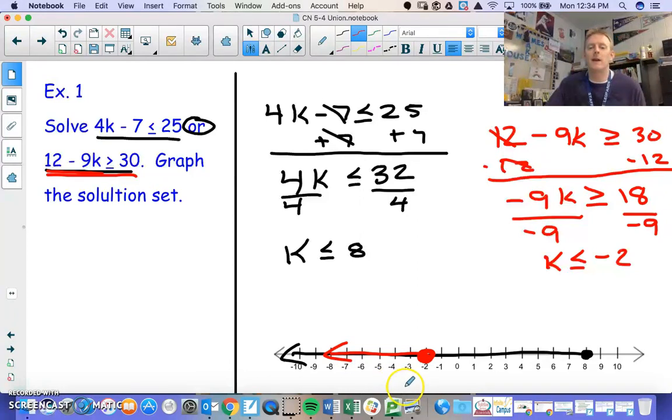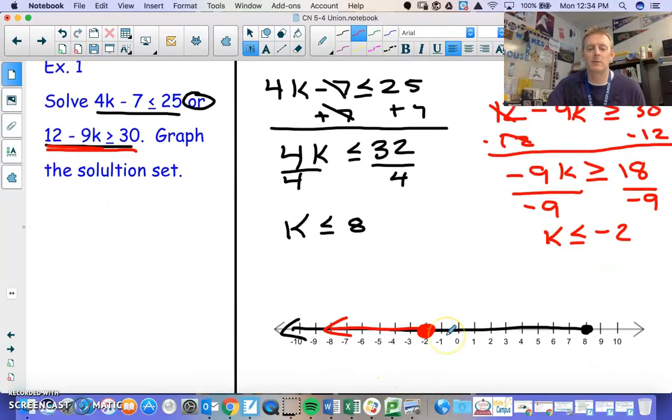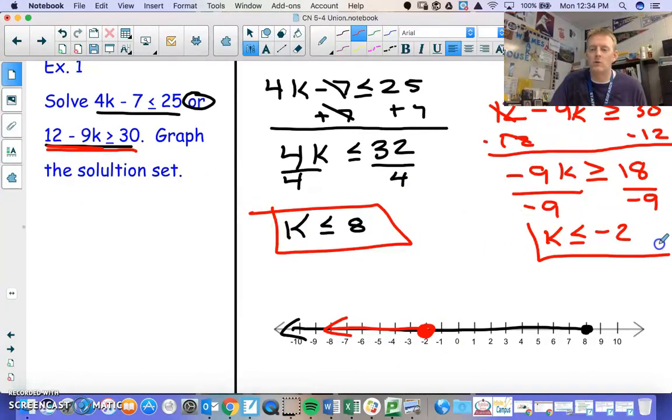Now because we have either-or of these being potentially our answer, the graph only needs to contain the very first one, because our first one of k is less than or equal to 8 encompasses the second one in red here. So my graph doesn't even need the stuff in red because it's already being covered by the first part, because it's either or.